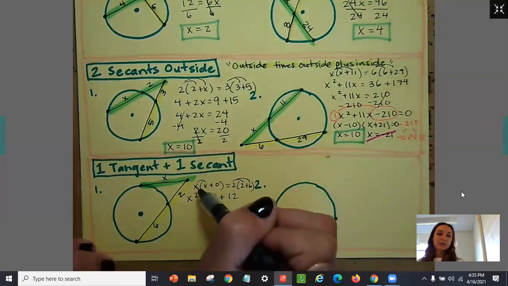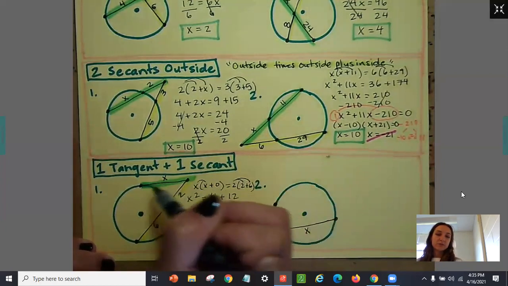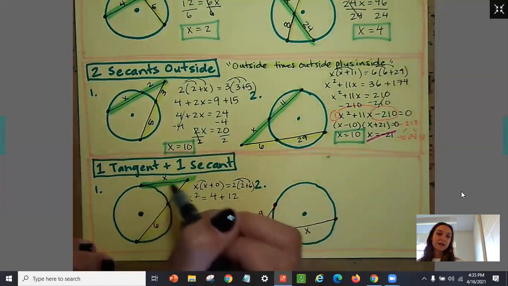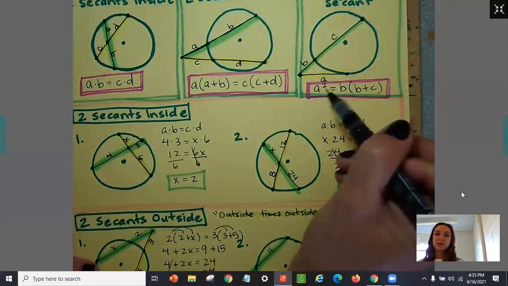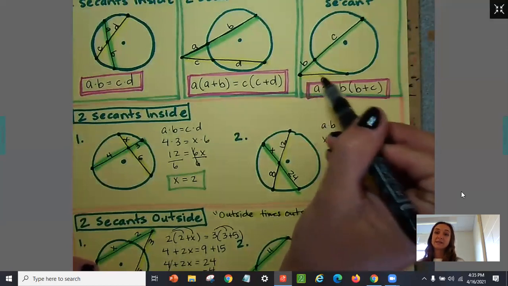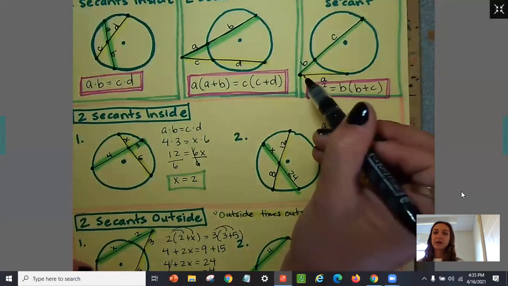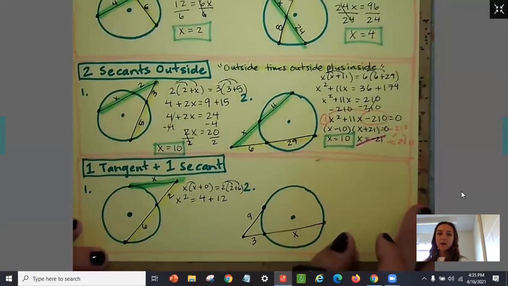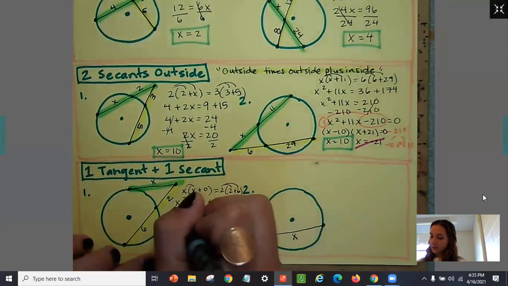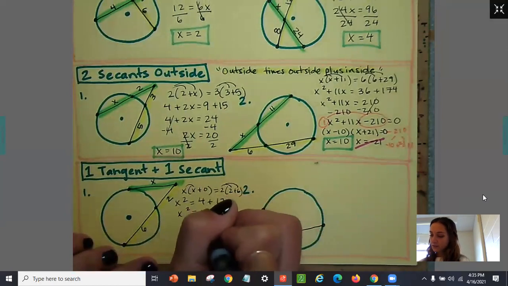Now notice that we got x squared. That is actually the formula that we used up top. Even though we used outside times outside plus inside, it's still the same thing, but we just did reasoning instead of actually using this formula up here. But you can just say since that was x, then that is x squared. Okay, now simplifying, we have x squared equals 4 plus 12, which is 16.